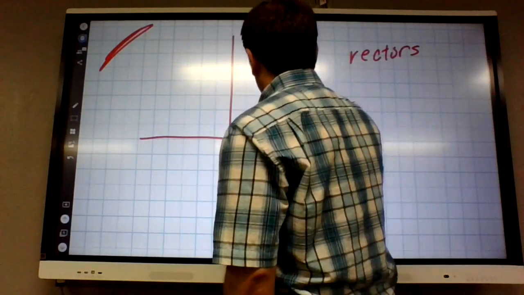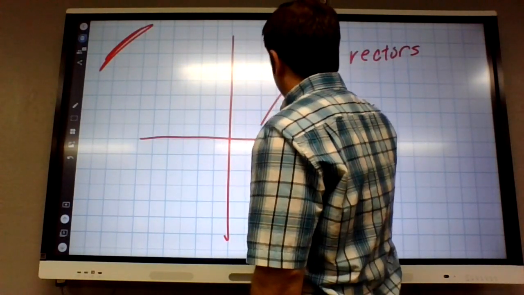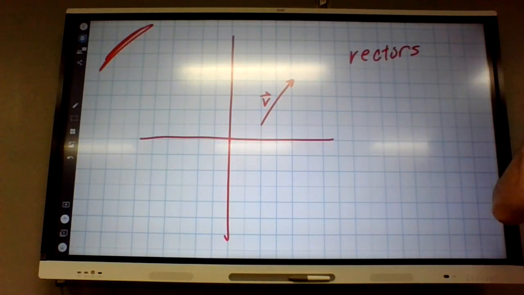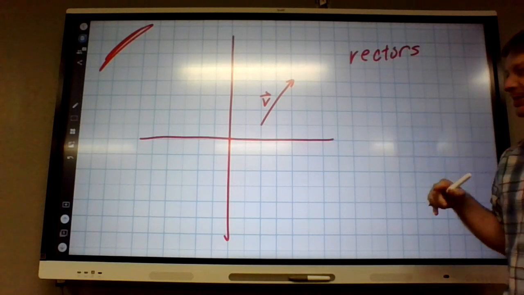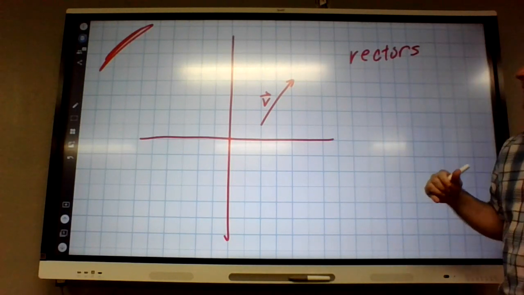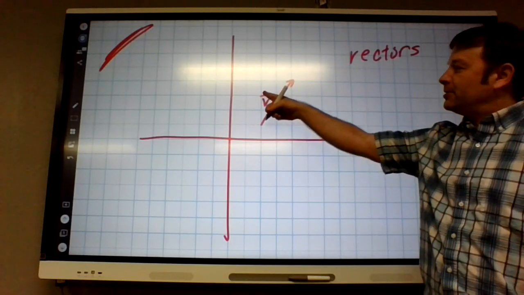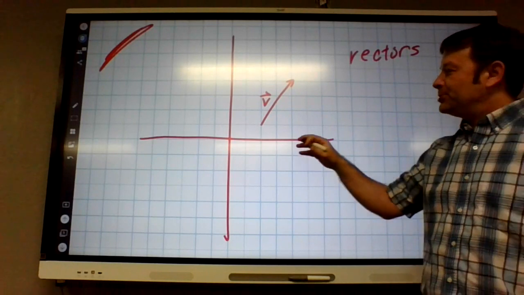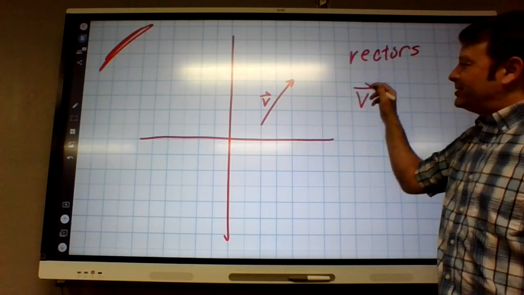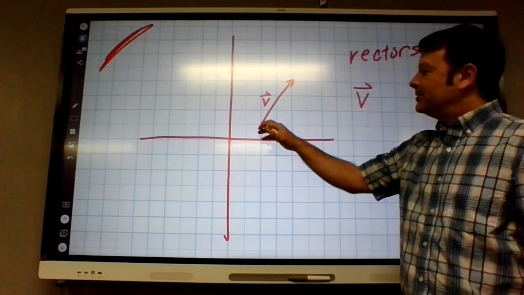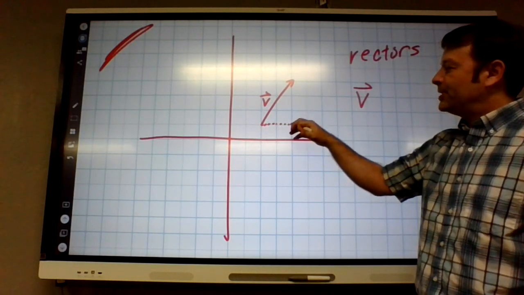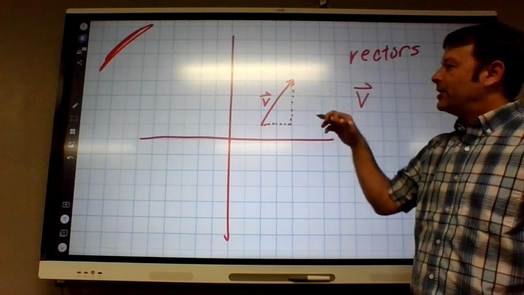Okay, we used vectors a little bit in some chapter, I don't remember which one, but we're actually going to learn them a little more in depth than we did back then. So vector V, the little symbol on top kind of looks like a half arrow. Usually we describe vectors according to their components, like how far is this moving in the x direction, that's the x component, and how far is it moving in the y direction.